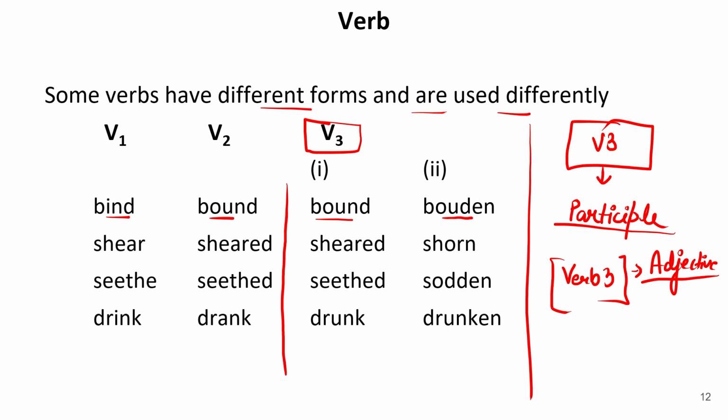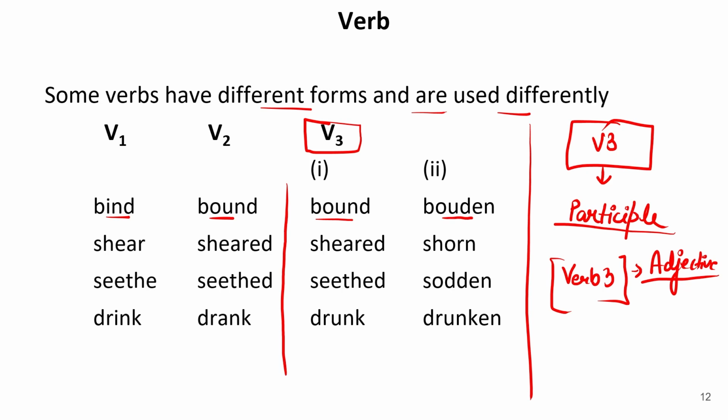But it is the verb third form. So, this form is known as participle, though it is in third form, it is behaving as an adjective. So, that third form of verb is participle exactly, which is a qualifier of a noun.